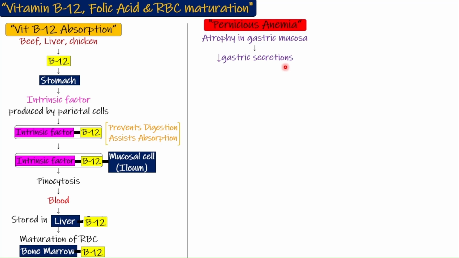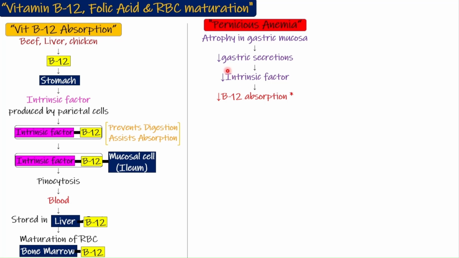So there will be decreased secretions. And when there are decreased stomach secretions, there will be decreased production of intrinsic factor. And when there is decreased production of intrinsic factor, there is no intrinsic factor or less intrinsic factor to prevent the digestion of B12 and to assist the absorption of B12, so there will be decreased vitamin B12 absorption.